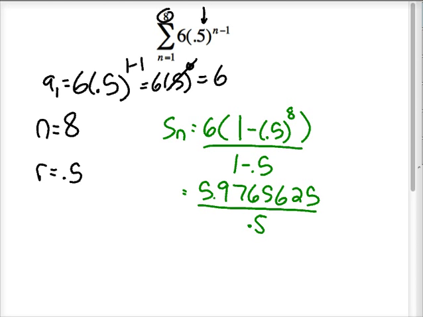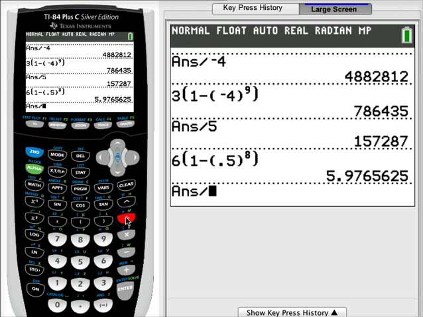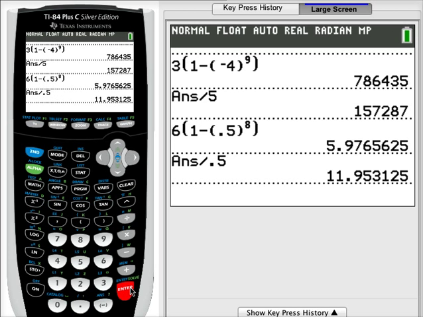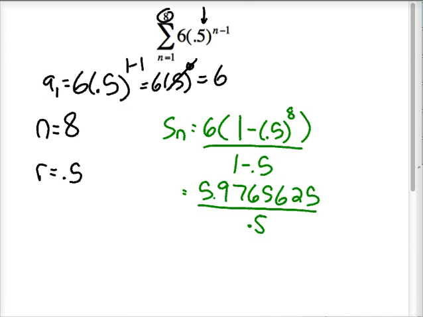And 1 minus 0.5 is 0.5. So now I take that and divide it by 0.5. What do I get? I get 11.953125 as my final answer.